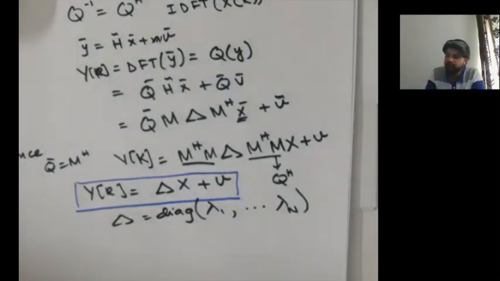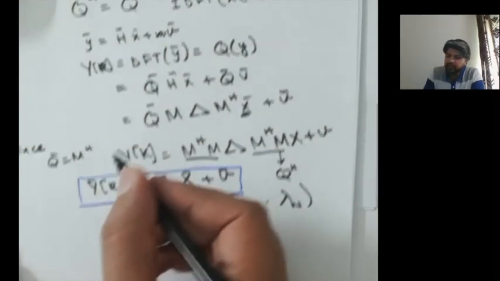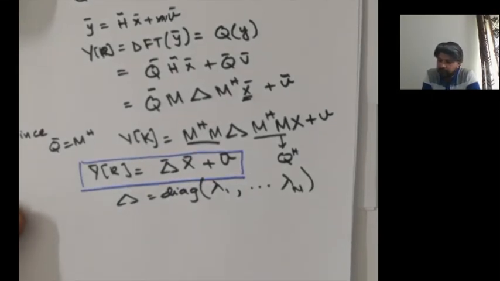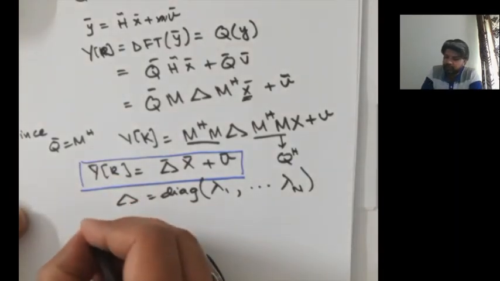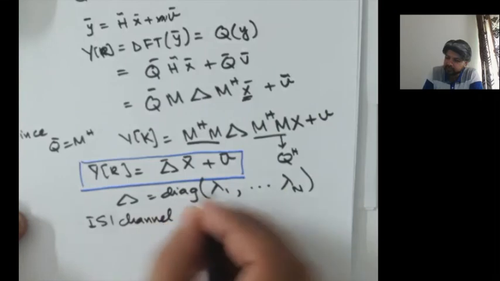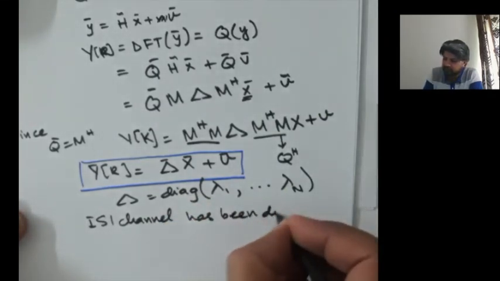So that means that the ISI channel has been converted into a diagonal channel, right? So the ISI channel has been diagonalized.